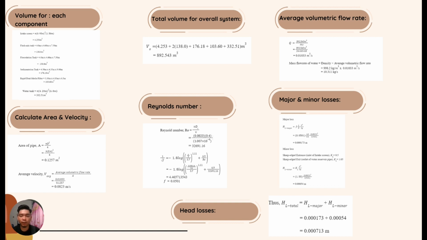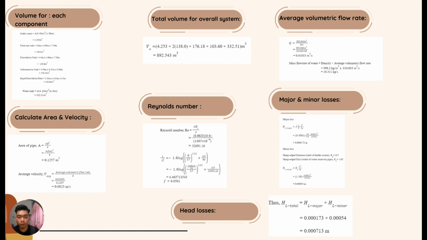For the average volumetric flow rate, we calculate the volumetric flow for 1 day, which means 0.01033 meter cube per second. And then for the mass flow rate, we got 10.311 kilogram per second.